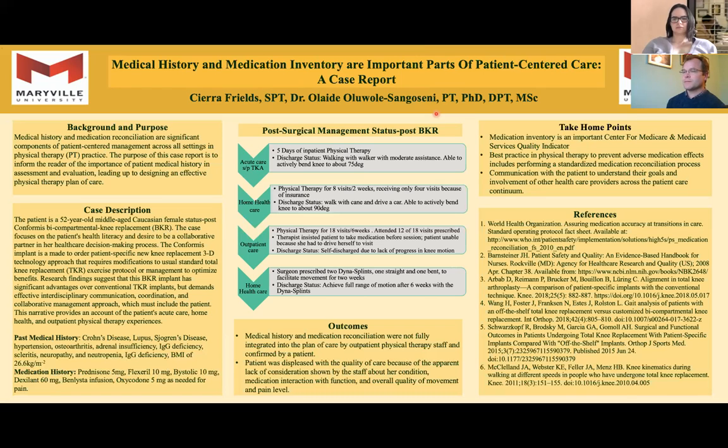This sometimes happens. Really, the only thing a therapist should be prescribing is I would recommend a Tylenol, or I would recommend a Motrin after a therapy visit to reduce soreness or swelling.